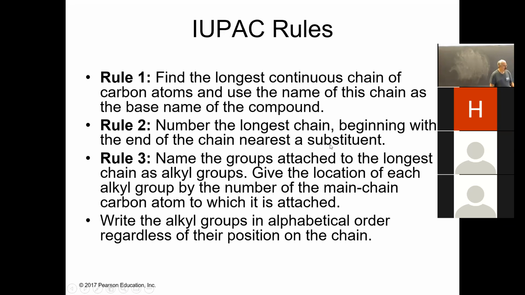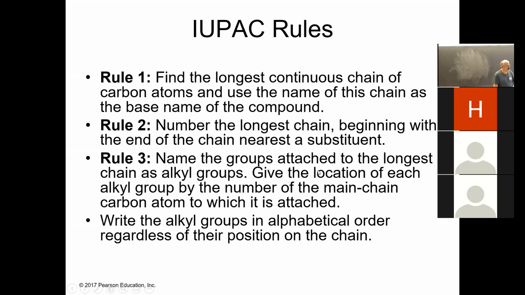Okay, and then you number the longest chain. Okay, beginning with the end of the chain with the nearest substituent. Okay, so we're not required to go left to right or right to left. It's just wherever the nearest substituent is. Okay, rule number 3.